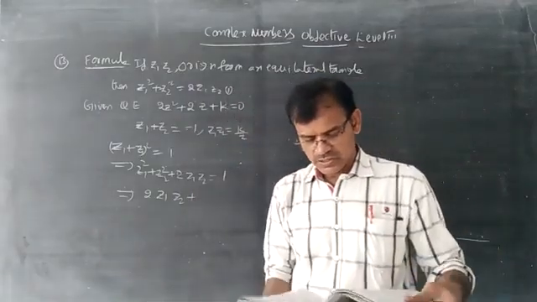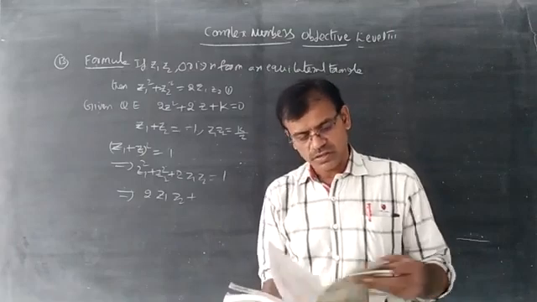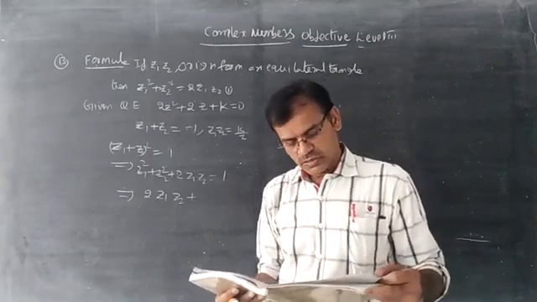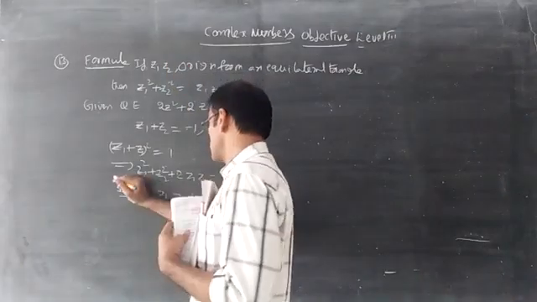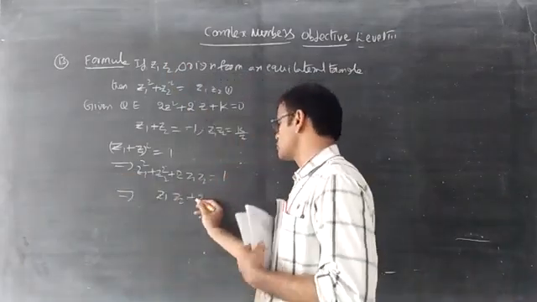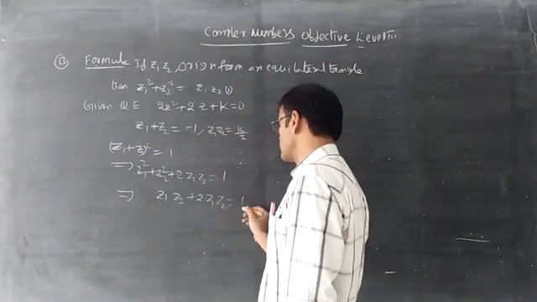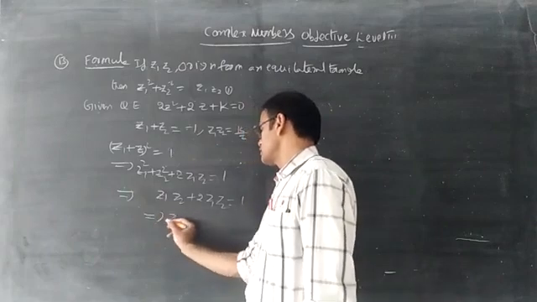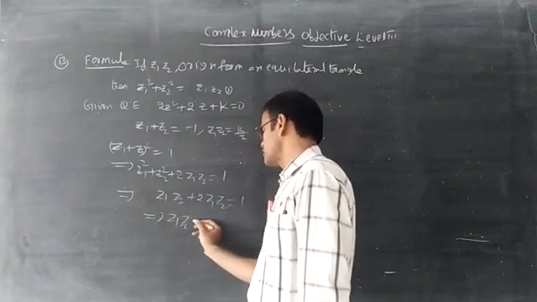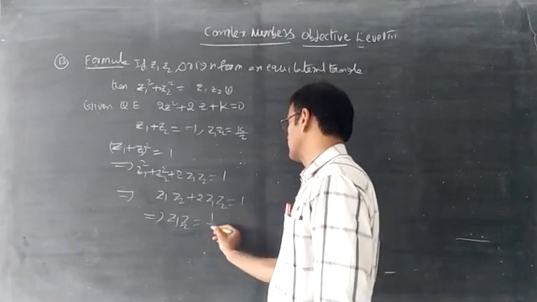Let us verify the formula, maybe on page number 8. z1² + z2² is simply z1 z2, not 2. So write here z1 z2 + 2 z1 z2 = 1. That implies 3 z1 z2 = 1. So z1 z2 = 1 by 3.